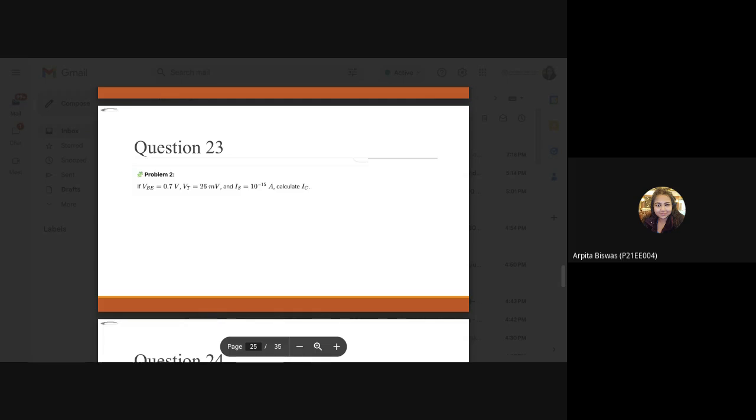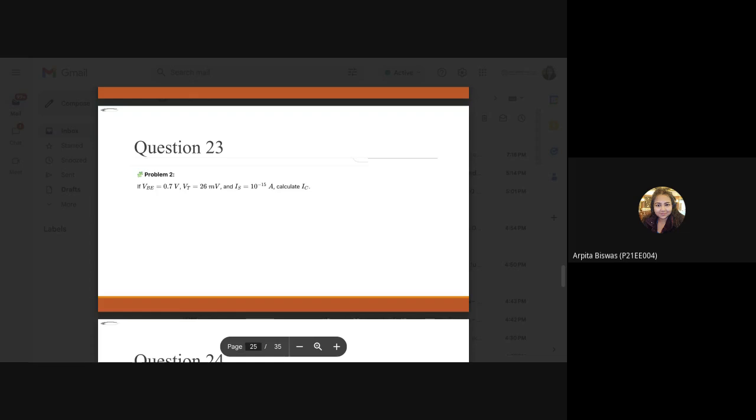Everyone got this answer? Just put it in the equation: IC equal to IS into e to the power VBE by VT. Everyone got the same answer, like IC equal to 0.54 milliamps. Please calculate it.